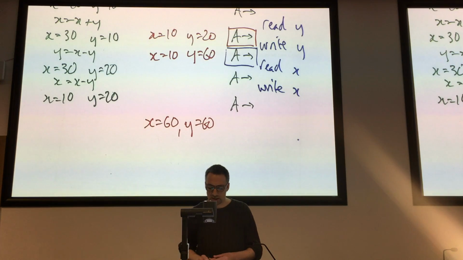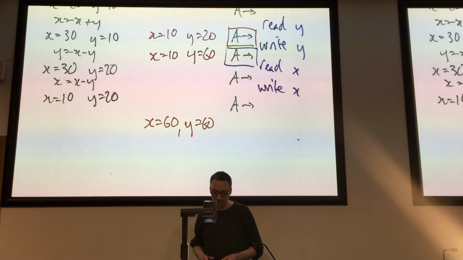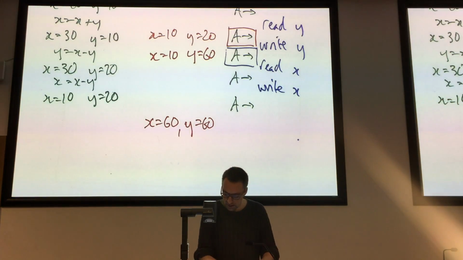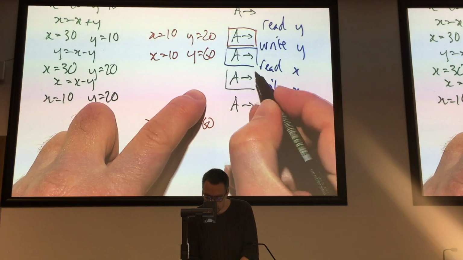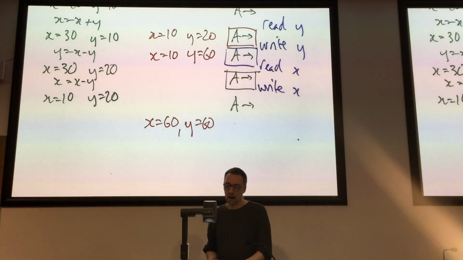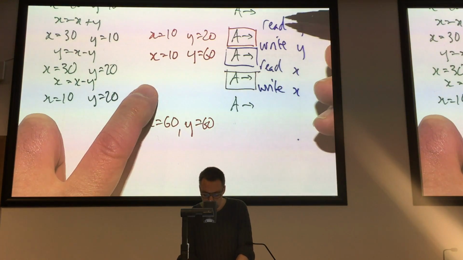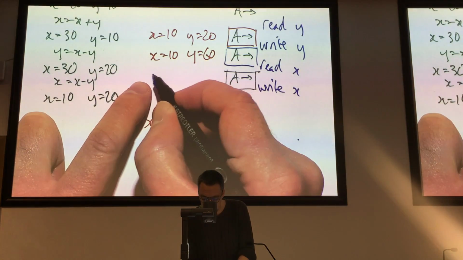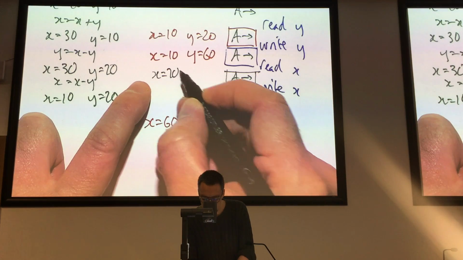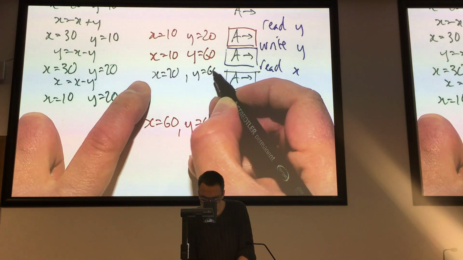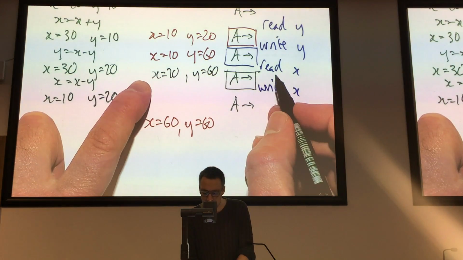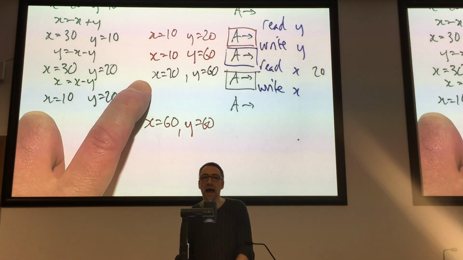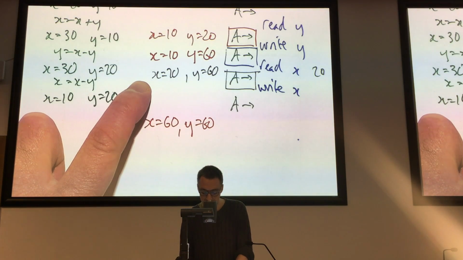Okay, what happens with the last one? Well, we get this far. Let me do that in black. So we're looking at A happening here. So we end up with x is 20, y is 10. By the time we get to here, we have x is 20, y is 60, and B has already read the 20 from the x at this point.